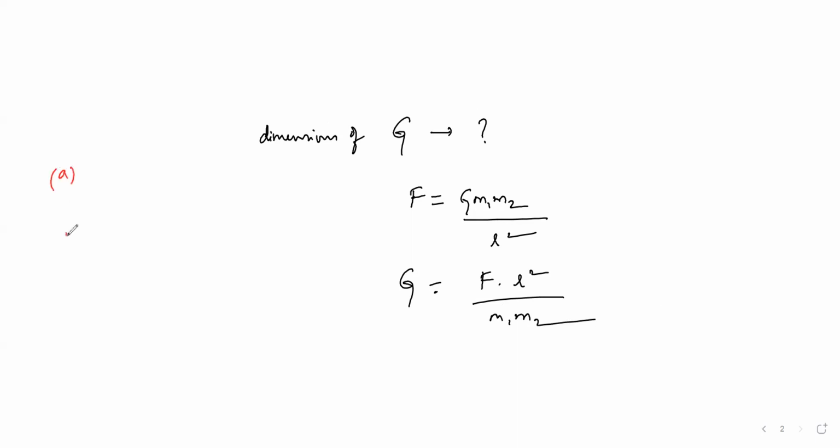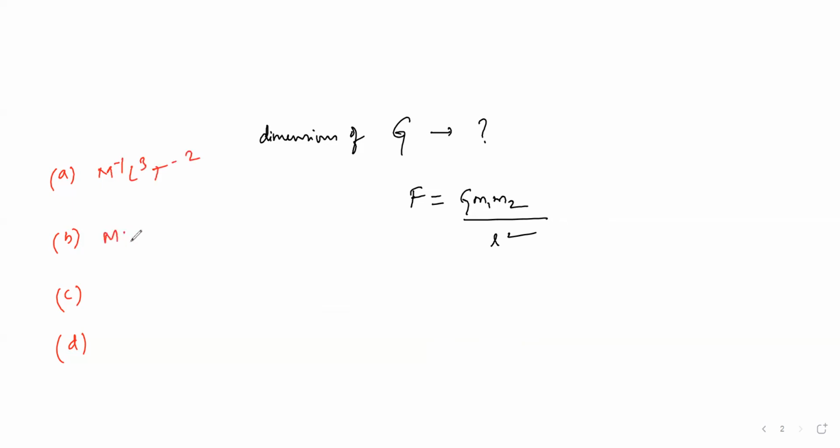I will give you the options A, B, C, D, so that you can easily identify instead of solving. Options are: M^-1 L^3 T^-2; ML^2 T^-1; M^-2 L^3 T^-2; M^-2 L^2 T^-1.